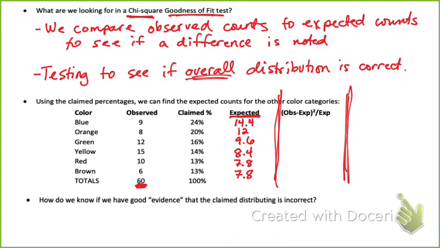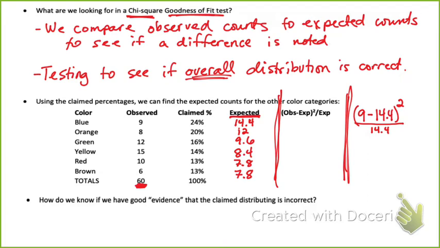So for blue, for example, we need to take 9, which was the observed amount, subtract the expected amount, square that. The reason we square it is we get rid of the negatives. And then we're going to divide by that expected value. This is going to give us the standardized distance between what we should have gotten and what we actually got for the blue M&Ms.